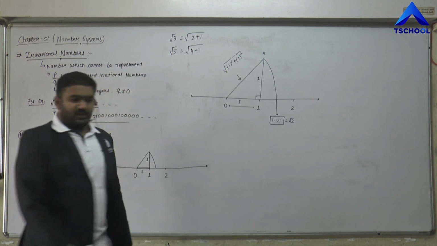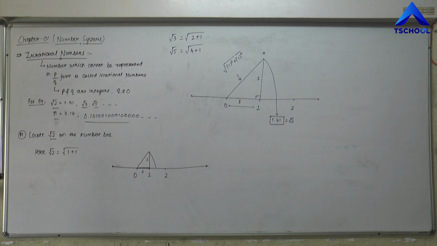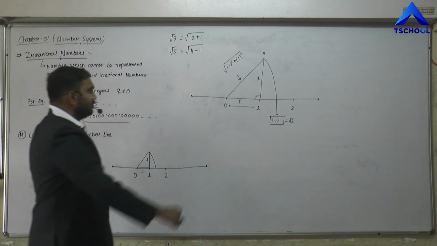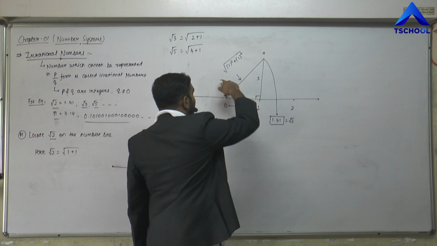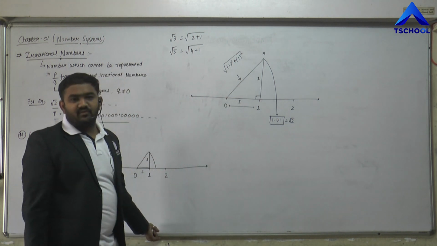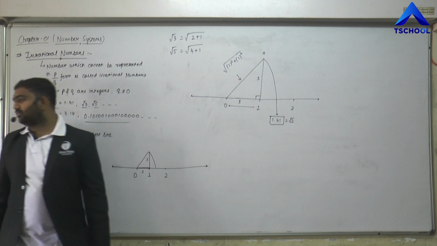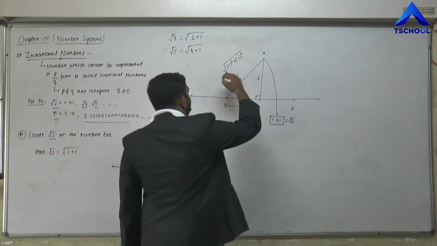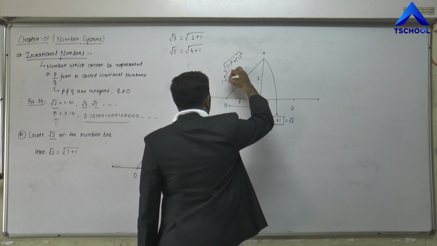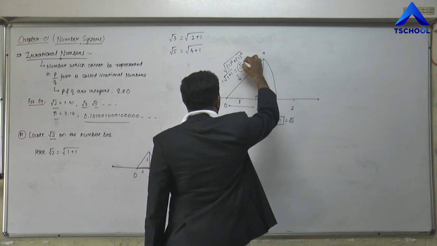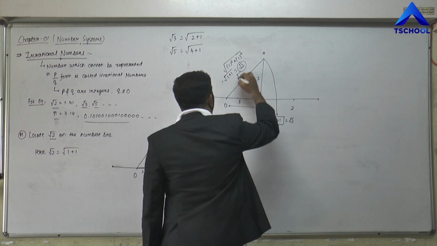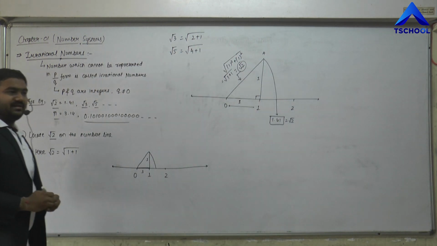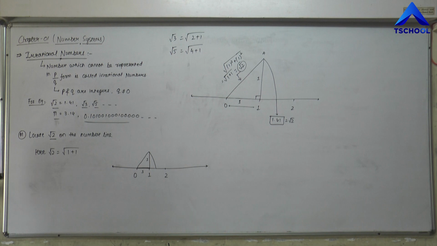So the length of the slanting line is the square root of 1 plus 1, which is root 2, and that is now projected here on the number line. So root 2 is 1.41. In this way you can locate root 2 on the number line.